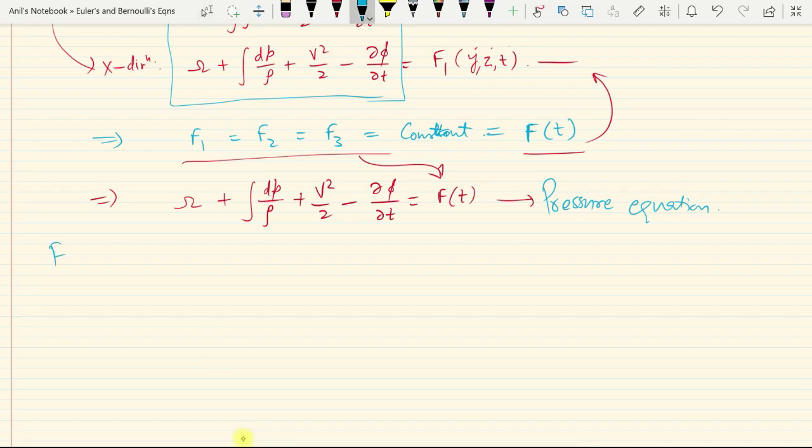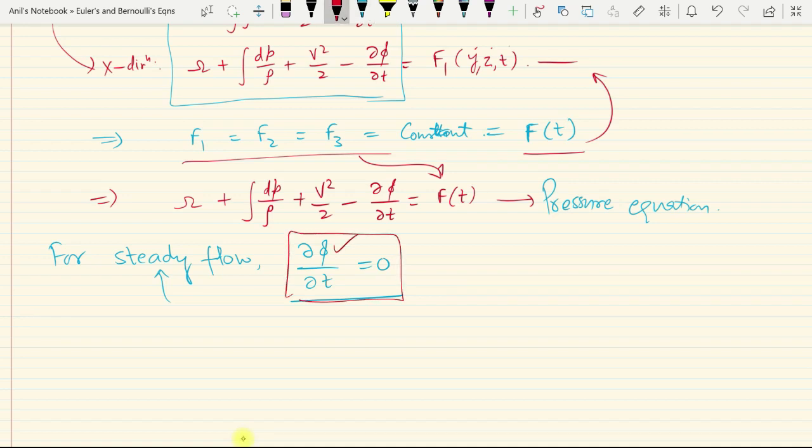Now for steady flow, we know del phi by del t should be 0, because steady flow is the one when properties of flow do not depend upon time. So differentiation of the velocity potential phi with respect to time should be 0.